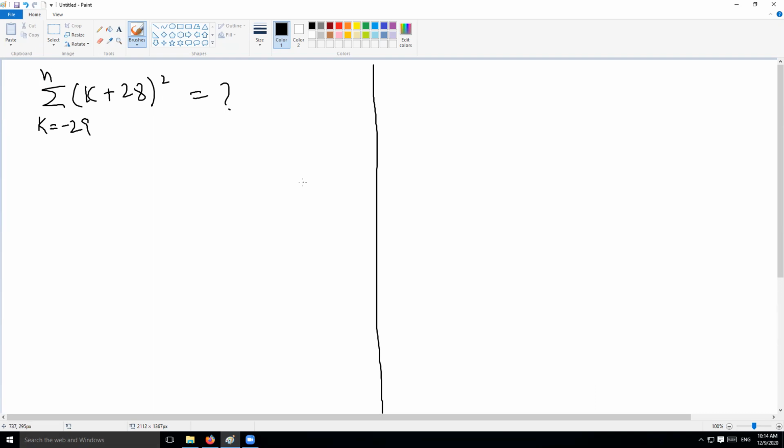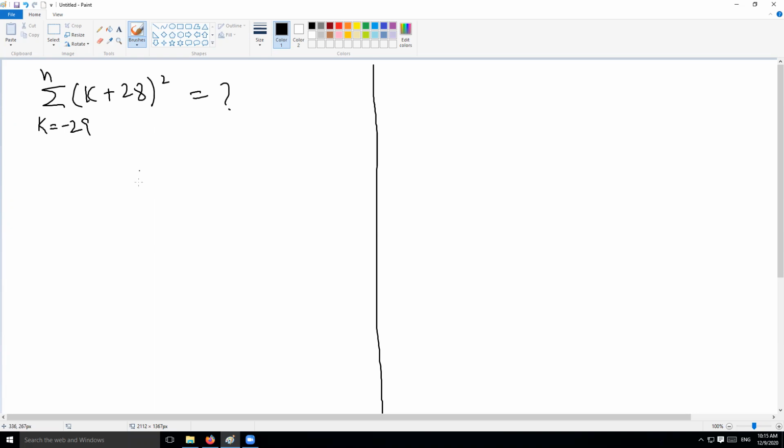If you have a sum that does not start from, say, k equal to 1 or k equal to 0, some of your favorite index, you can always turn it into a sum that starts from k equal to 1, for example, and then apply the rules.